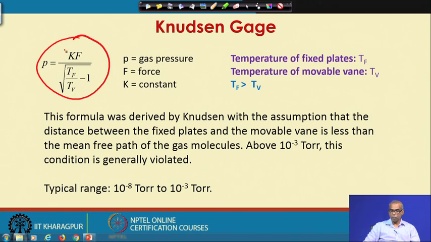So, above 10 to the power minus 3 torr, this condition is generally violated. So, we cannot measure a pressure which is higher than 10 to the power minus 3 torr. Remember that 1 torr is 1 millimeter of mercury. So, typical range of the Knudsen gauge is 10 to the power minus 8 torr to 10 to the power minus 3 torr.